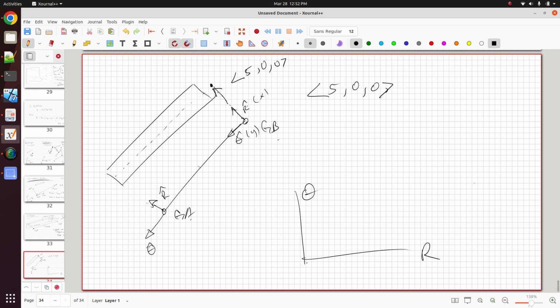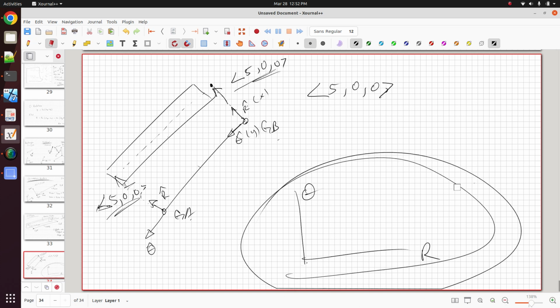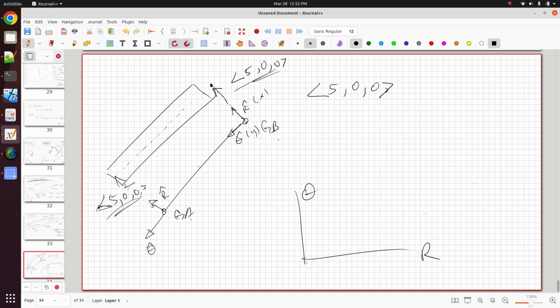And then here we're going to use the same vector, 5, 0, 0. So that's how you use an offset in a cylindrical coordinate system. I'm going to skip the spherical coordinate system because that one gets really complicated really quickly. So I'm going to skip that for today.